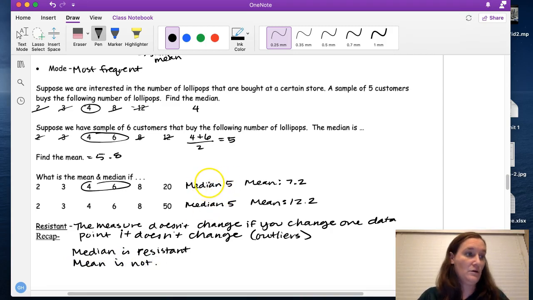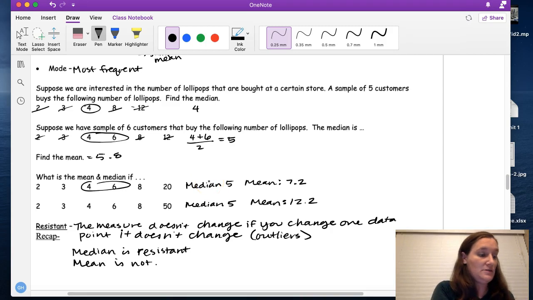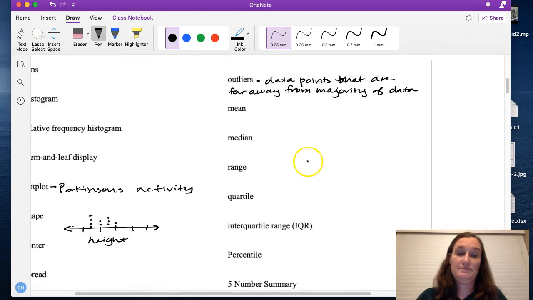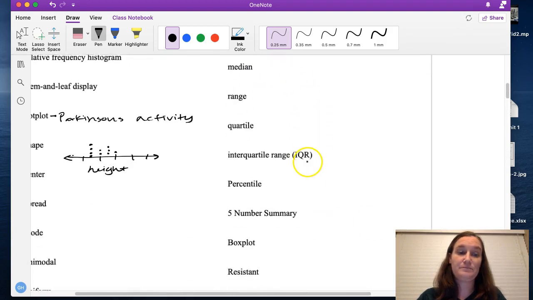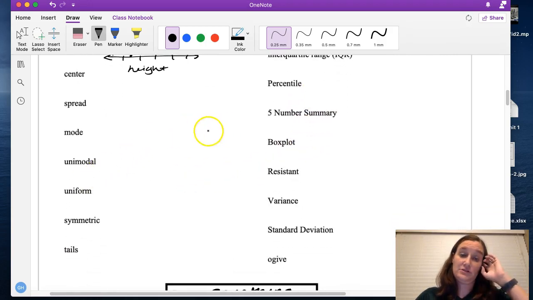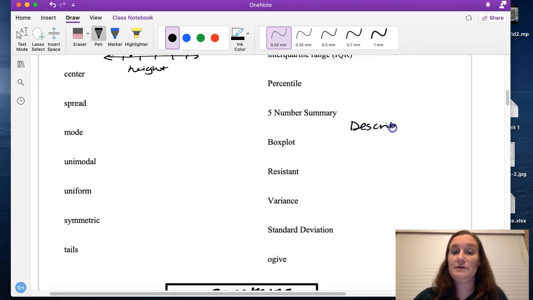Before we go on, I want to go back to that first part, and talk about some shapes of distribution, and actually talk about how you describe distributions. So over here, we're not going to define these. We're going to talk about describing the distribution.